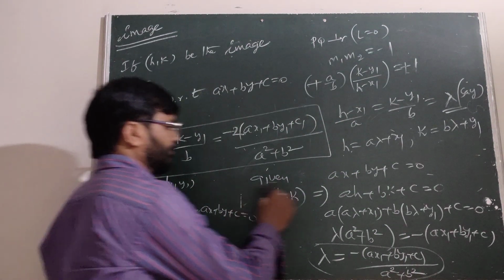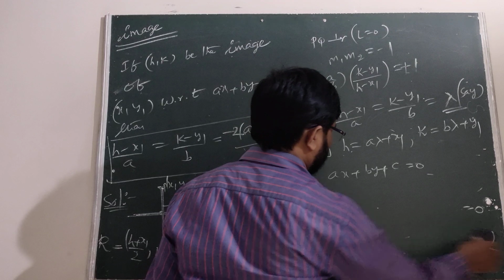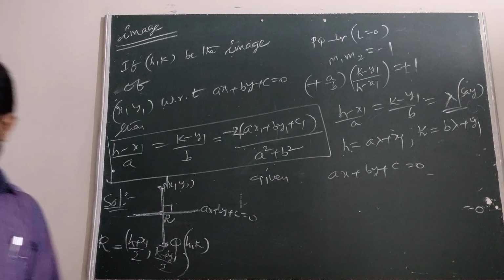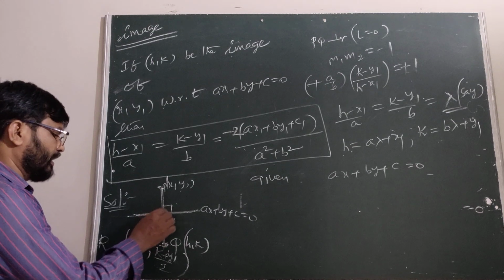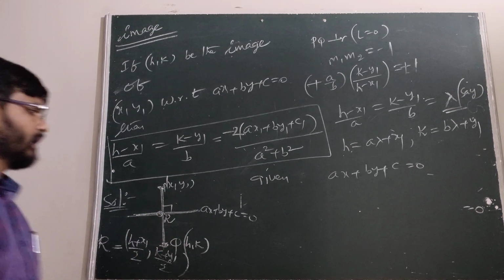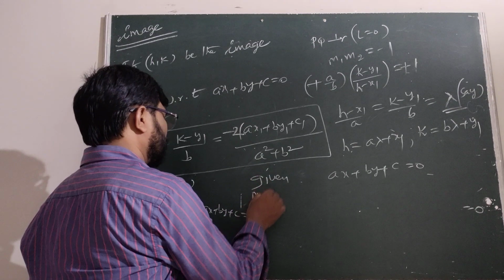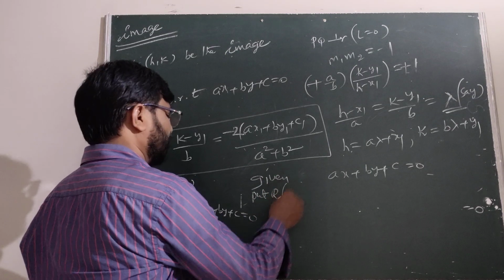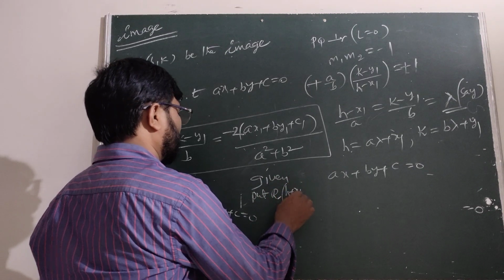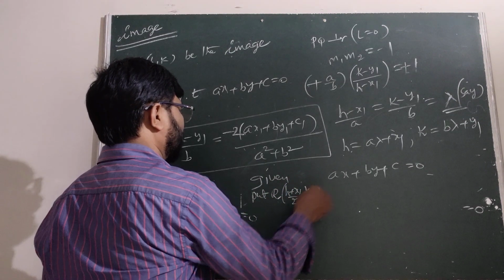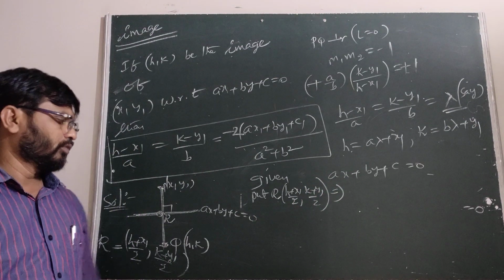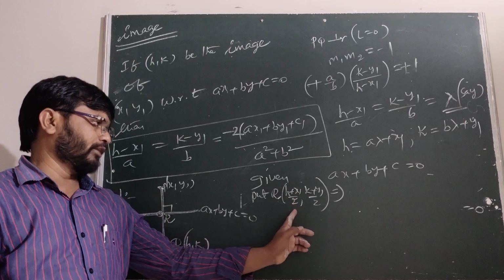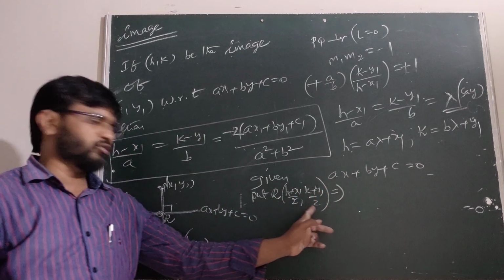All of you listen here: the given line ax plus by plus c equal to 0 is passing through the point R. Therefore, substituting R, (h plus x1) by 2 comma (k plus y1) by 2, in the above equation, where x is (h plus x1) by 2 and y is (k plus y1) by 2.